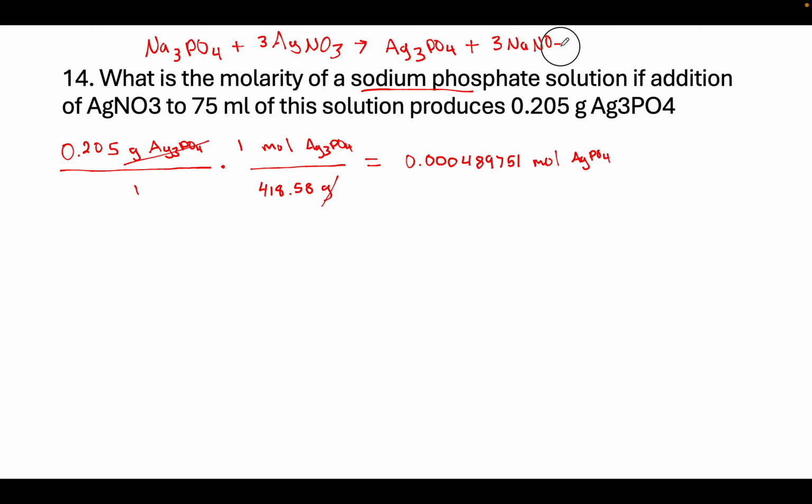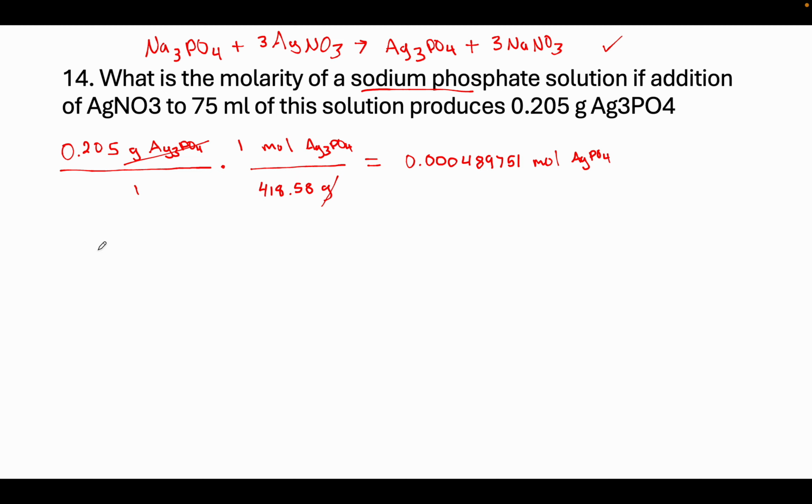There we go. Balanced. Did I mess this up? Na3, good. PO4, that's right. 3 Ag, that's good. NO3 times 3. Okay. We're good. Check.